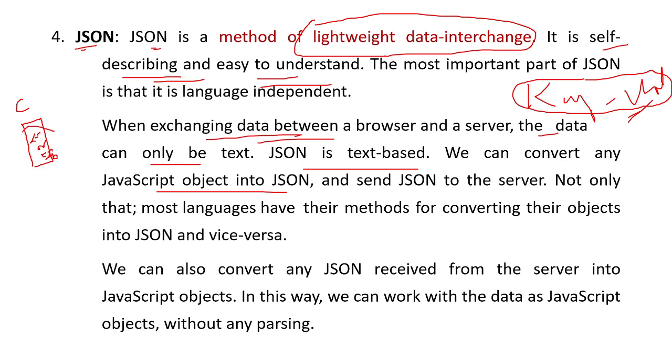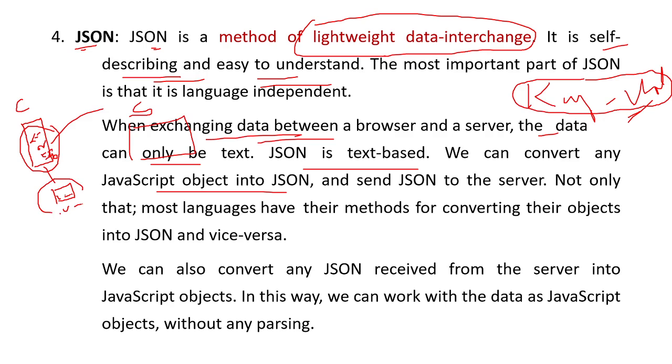So if there is an object of an employee in the client machine, and you want to send this employee object to the server machine, this employee object will be converted to a textual form, I mean key value pairs, like employee name is equal to ABC, ID is equal to so and so.